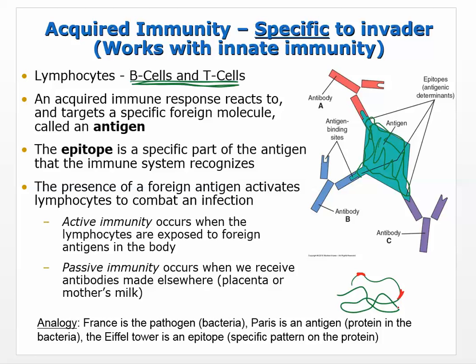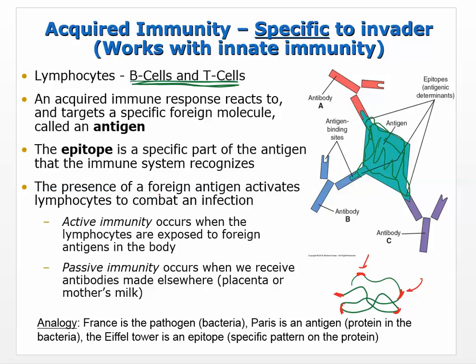This is another place it might, this is another, and this is another, or maybe this little tail here. These red areas that I just drew are all the epitopes. The entire thing is the antigen. So the epitope is a specific part of the antigen that the immune system recognizes.